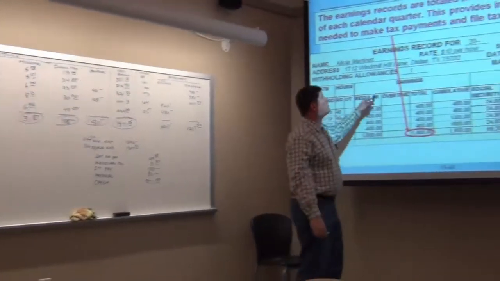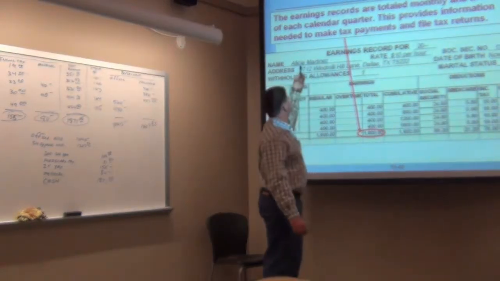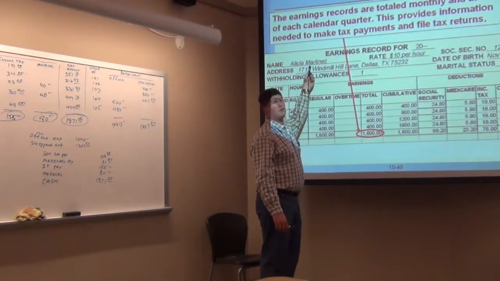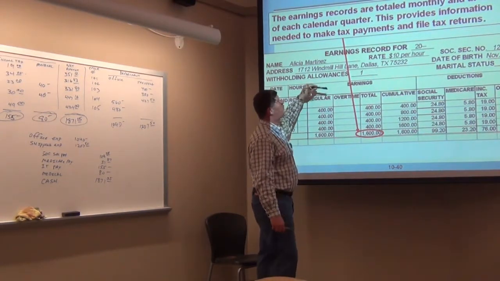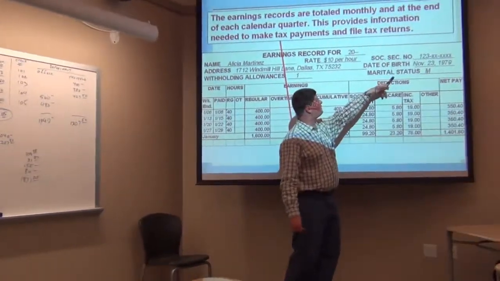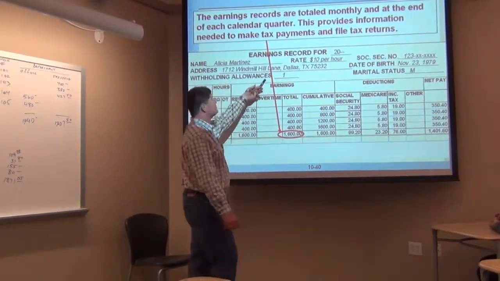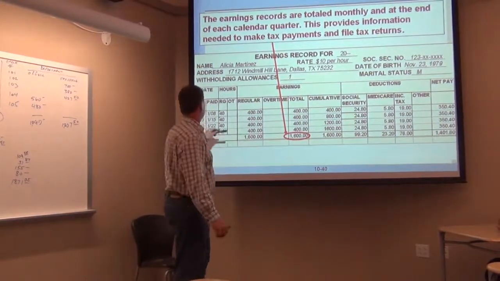This on the slide is called an individual earnings record. Notice this is an earnings record just for Alicia Martinez. And it's got all of her information on it, her pay rate, her address, social security, date of birth, marital status, number of allowances.